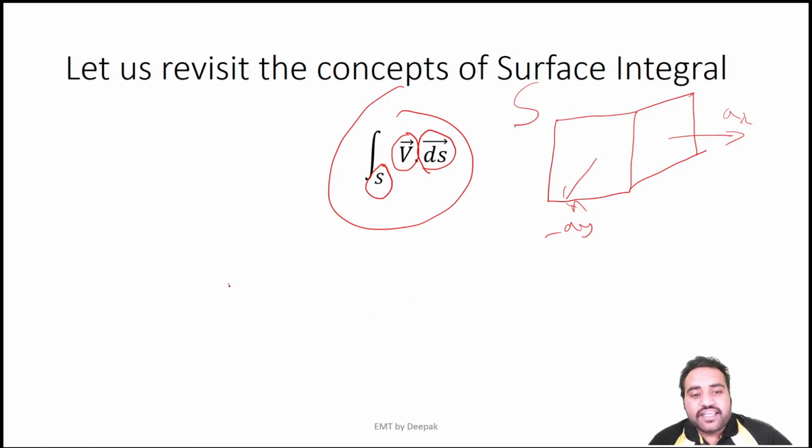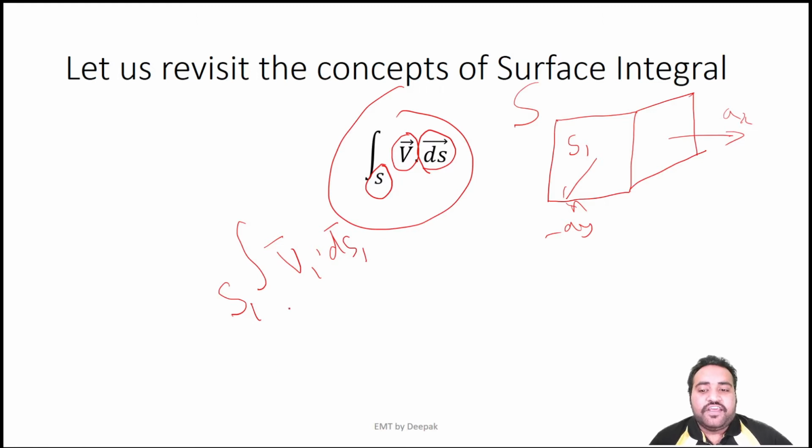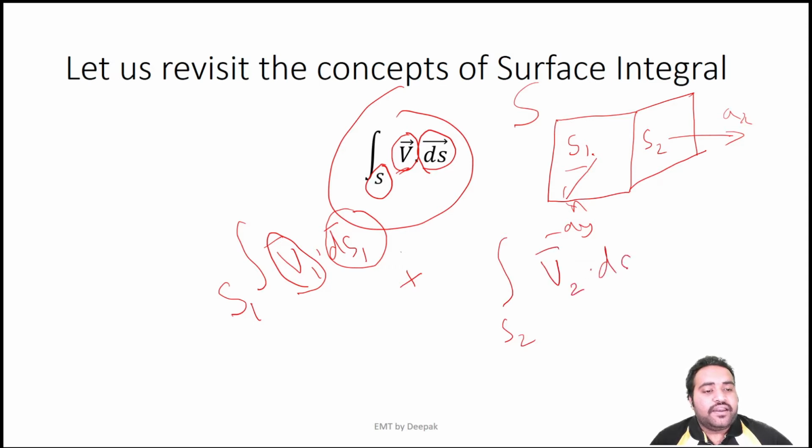The answer would be, I would first integrate along S1, V1 bar dot ds1 bar, where V1 bar is the value of this vector field at the center of the surface. ds1 bar is the normal to S1 at individual points of the surface, plus the integration over S2 for vector field V2 bar.